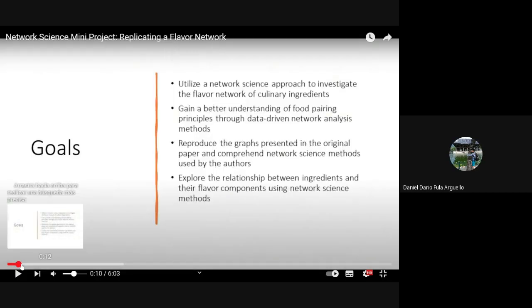Hello, teacher. Go ahead. Well, our goals were mostly to reproduce the graphs obtained in the paper.